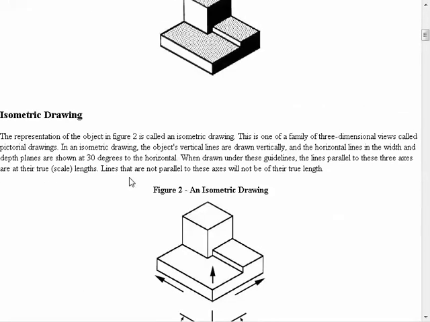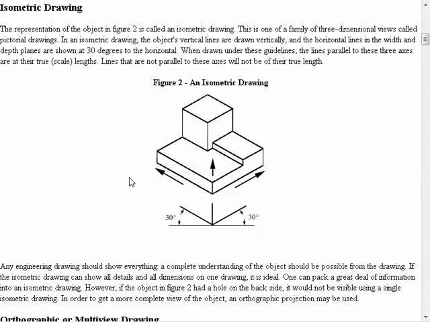Okay, so just a little bit on terminology. This same kind of block has been drawn in something called an isometric drawing, and an isometric drawing has this form of, if we're drawing rectangular things, this edge is parallel to this 30-degree line, this edge parallel to this 30-degree line, and this edge is vertical.